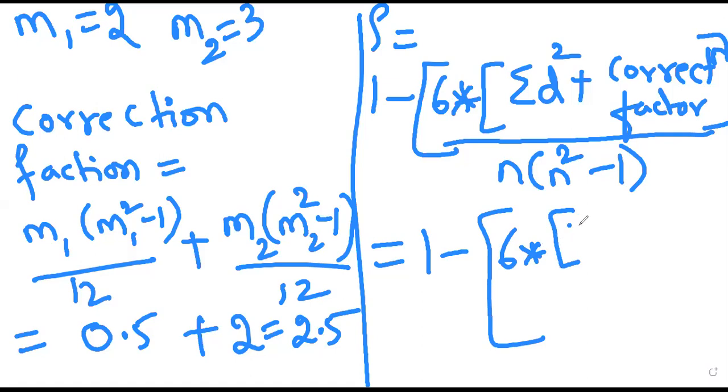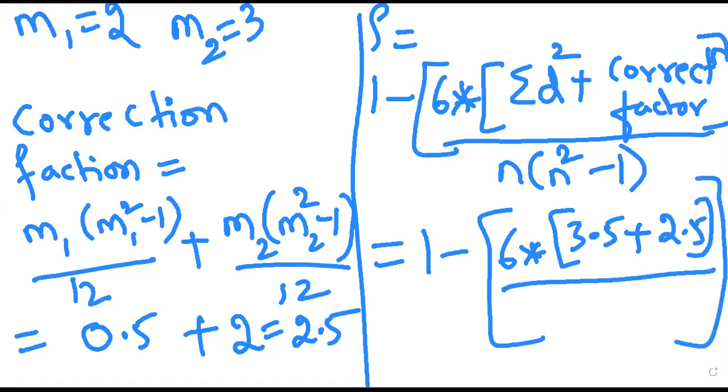Summation d square was 4.5 plus 2.5. Correct? Whatever values I'm writing, I just want to cross verify. Is it right or not? 4 into 4 square minus 1.